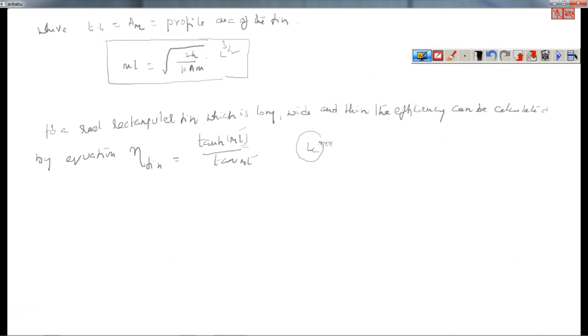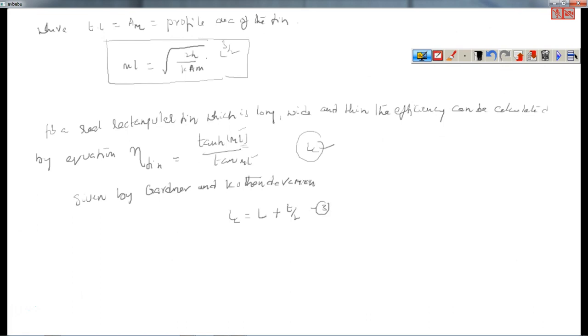How do you calculate this Lc? We'll talk about it now. Lc is equal to L plus t by 2. This is equation 3.